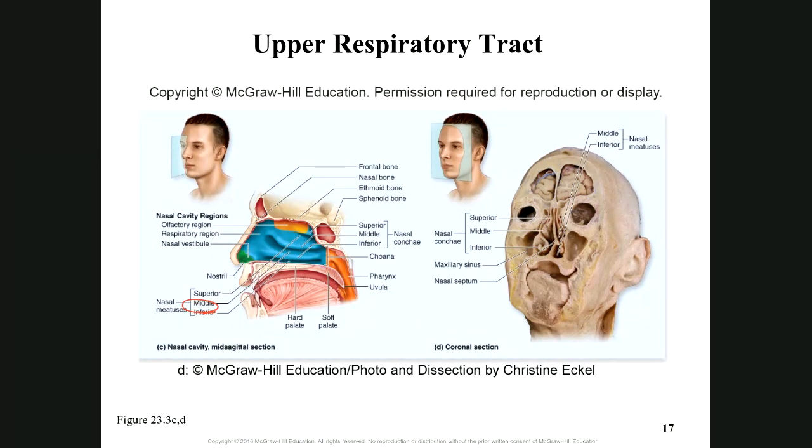And between the inferior conchae here and the hard palate, you have the other way, which we call inferior nasal meatus. So the meatus are the ways which we have between conchae. We have three conchae and we have three meatus here.